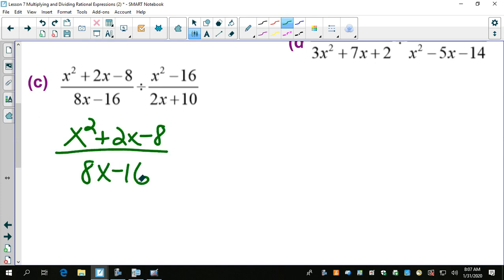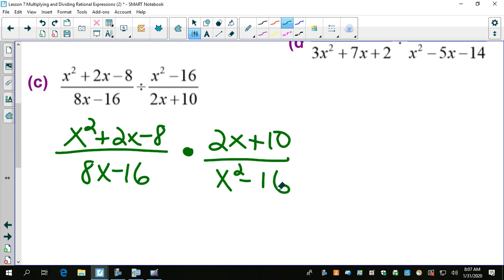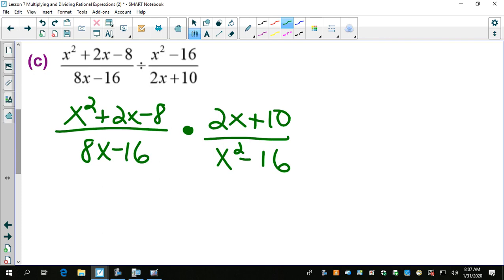You always keep the first fraction, change the sign to multiplication, and flip the second fraction. And now this is exactly what we just did. No new material. So the only new material is changing the sign to multiplication and flipping. That's it. So now it's a multiplication problem.